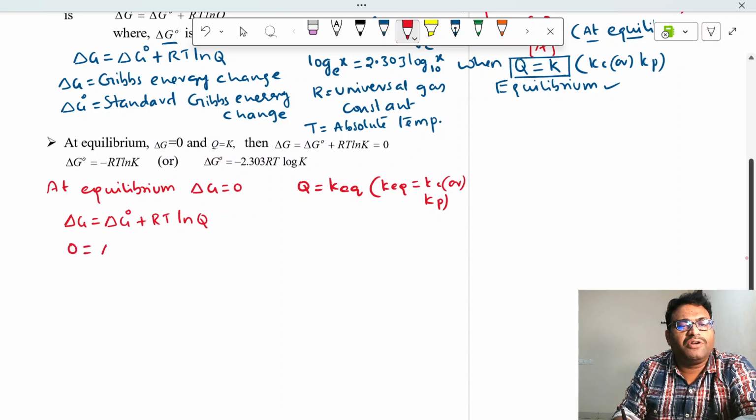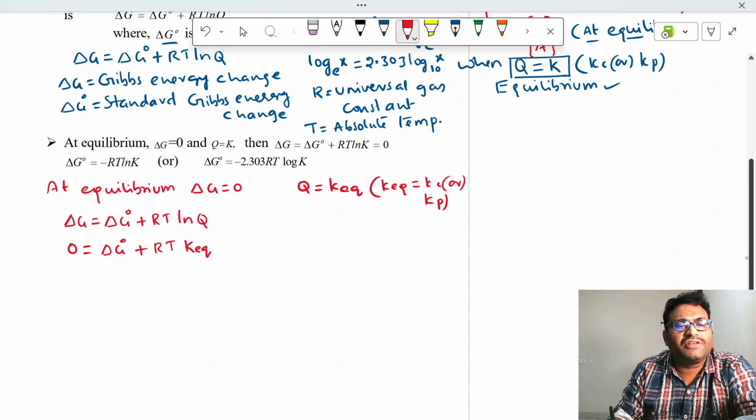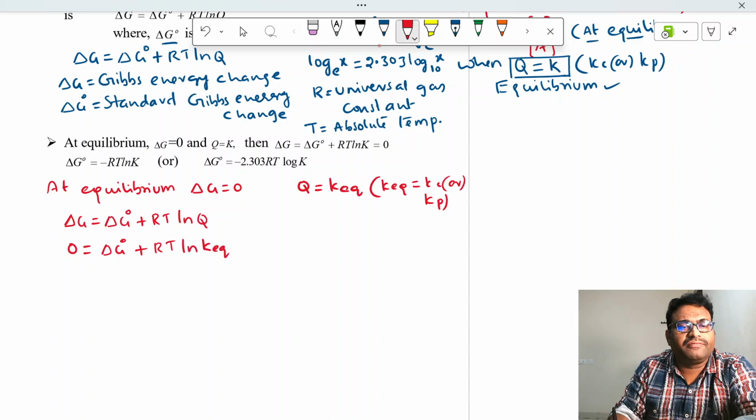So 0 is equal to delta G naught plus RT ln K equilibrium, because at equilibrium Q becomes K. Then I can write delta G naught is equal to minus RT ln K equilibrium, whether it is Kc or Kp. Understood?